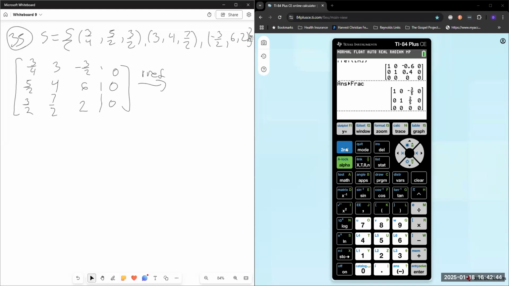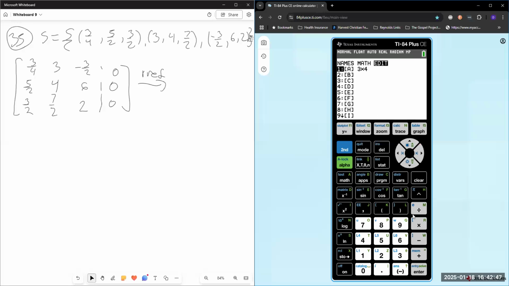So second matrix, edit: 3/4, 3, -3/2, 0, 5/2, 4, 6, 0, 3/2, 7/2, 2, 0.